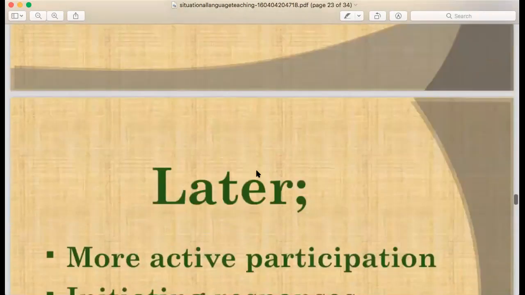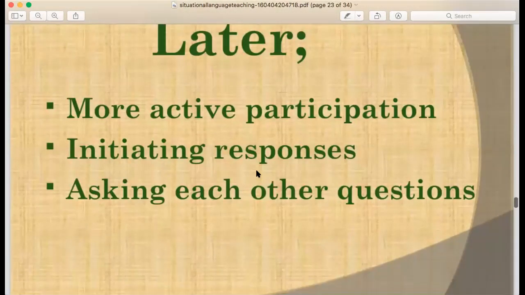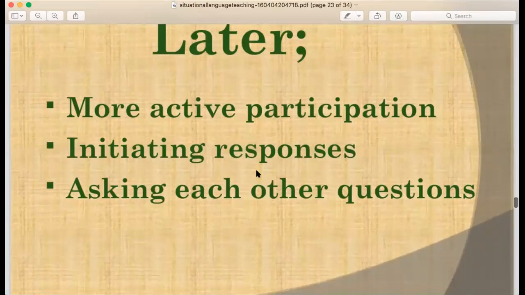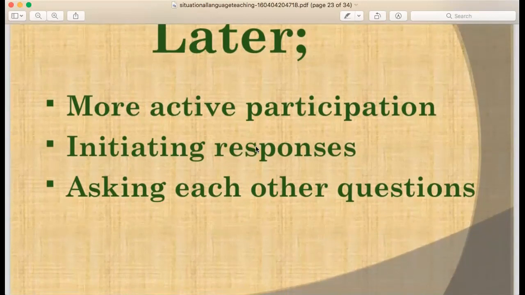Okay, so what kind of a role, overall role of the student is that students are active, they're not passive. Okay, like we saw maybe in the grammar translation method, and to a great extent in the direct method also. Here in audiolingual method as well as in SLT, we see that the students are very active.